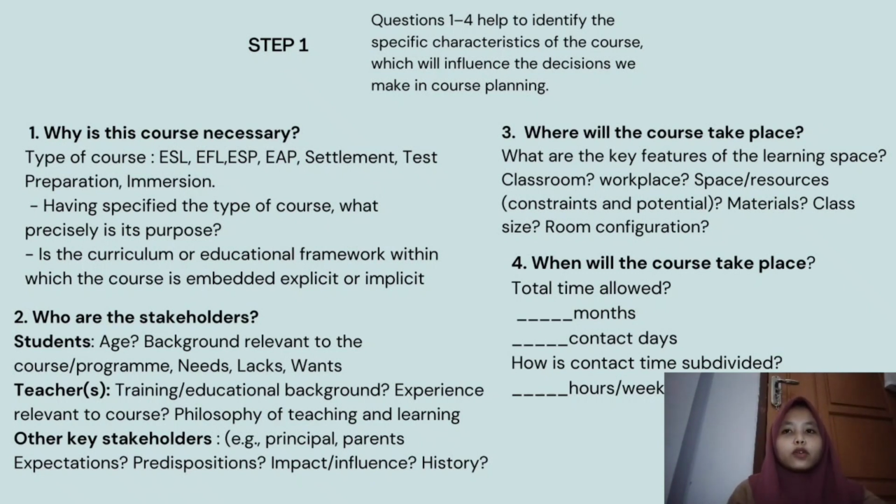The next, question number 3, is where will the course take place? What are the key features of the learning space, or what is the typical context of instruction in the case of syllabus design? For example, in the classroom, physical space in the school, online space in the computer lab, or in a 3D virtual learning space; and from the workplace such as an engineering firm, business office, hotel meeting room.